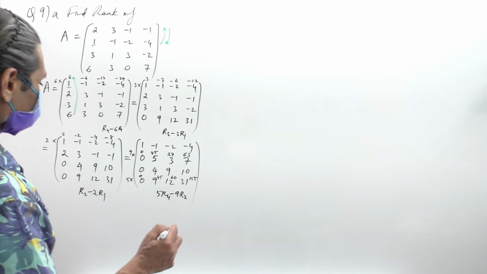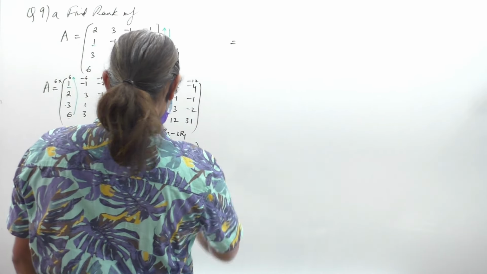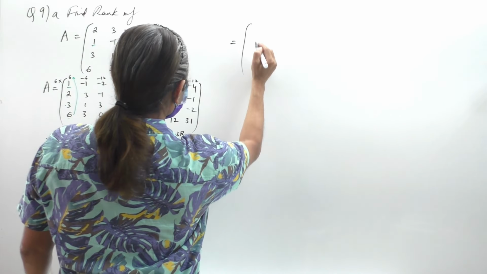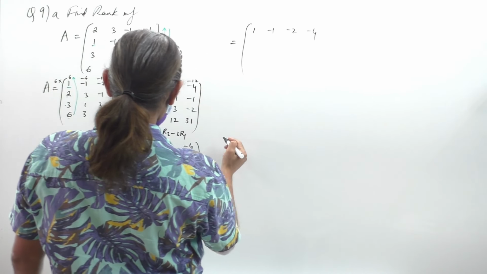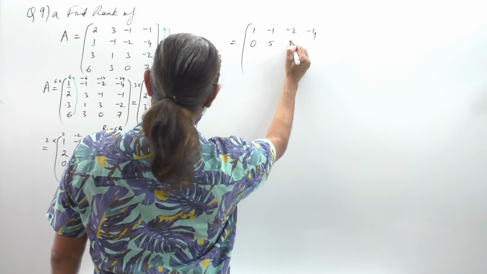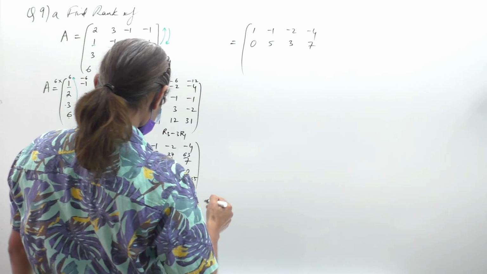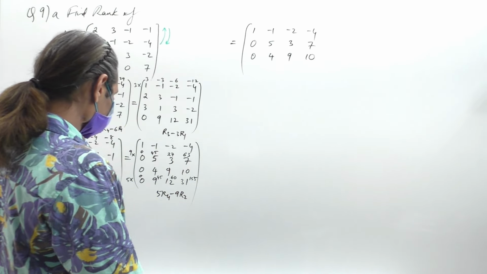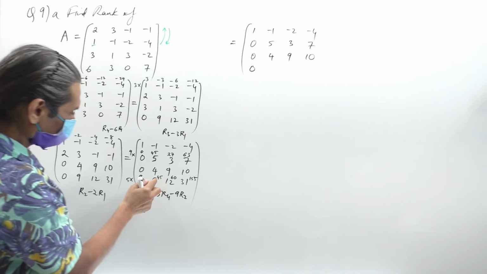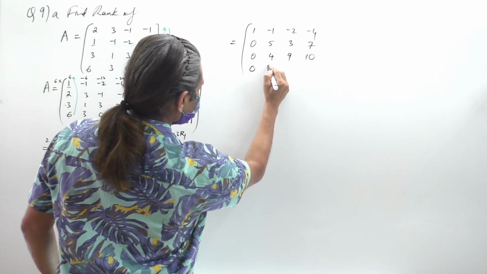Okay, so this will be now, I write here, this will be now again 1, minus 1, minus 2, minus 4 as it is, 0, 5, 3, 7 as it is, 0, 4, 9, 10 as it is. Now 0, 45 minus this 45, 0.